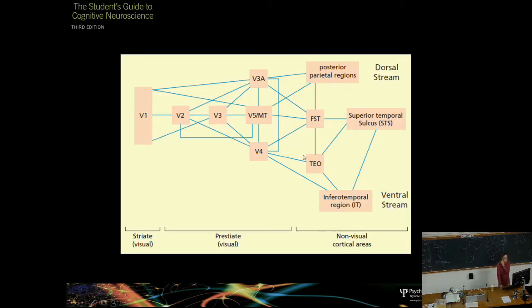In effect, object recognition is involved in the ventral stream, and that is the kind of thing I might ask in a multiple choice: the ventral stream is for object recognition, the dorsal stream is for acting on objects.